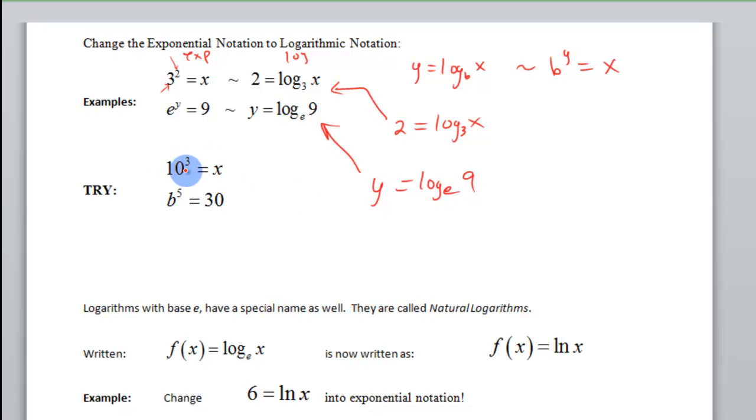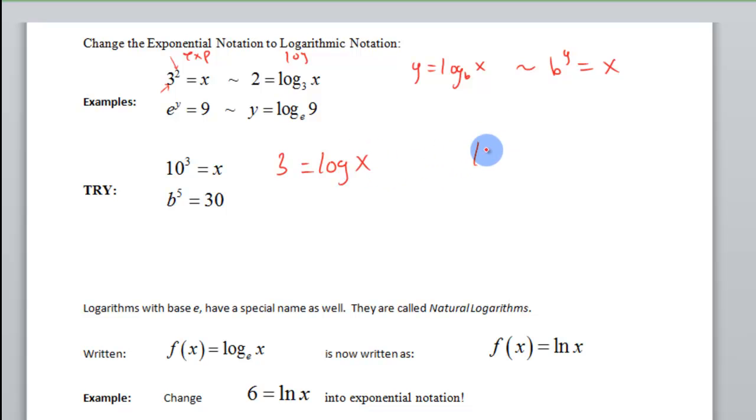Okay? Base 10. Remember, base 10, we're just going to use the regular log, right? So let me erase this to give some room. Log base 10 equal to the exponent. What's the input? X. So log base 10 of x equals 3, right? Either way works. Alright, what about this one?